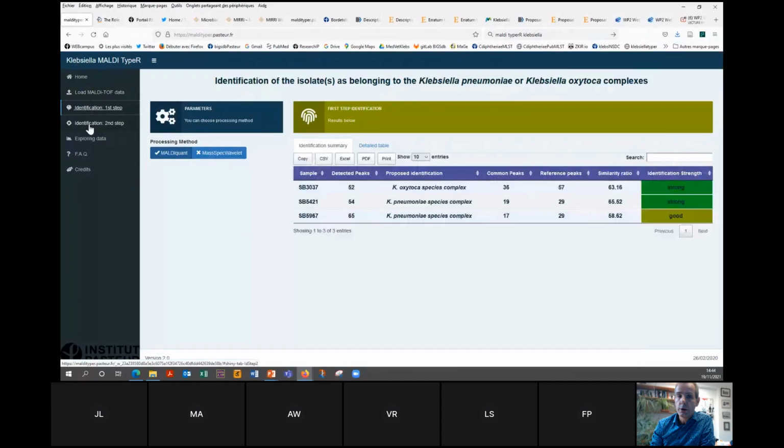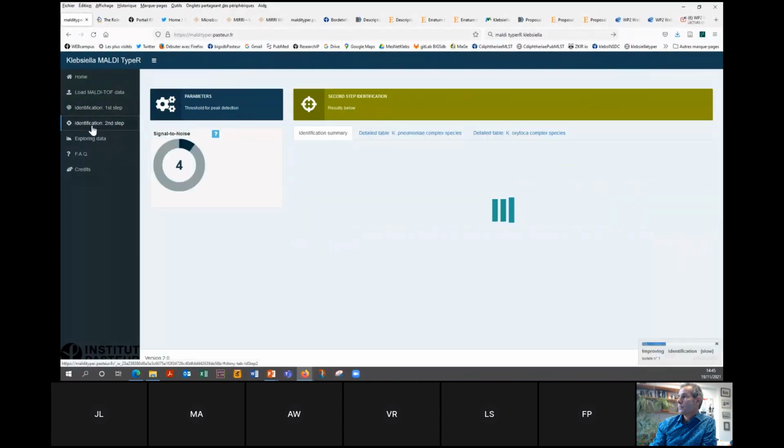So the next step is this first step that I told you about, which consists of determining if it's an Oxytoca or pneumoniae complex member. And in this case, the 3 isolates were identified as Oxytoca, pneumoniae, and pneumoniae. And here you see there is a kind of metric score value to define the strength of the reliability, let's say, of the approach.